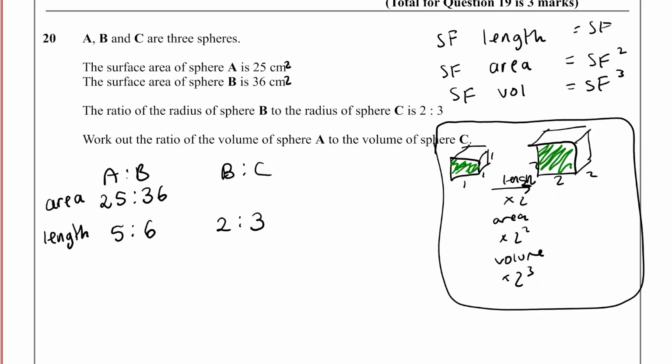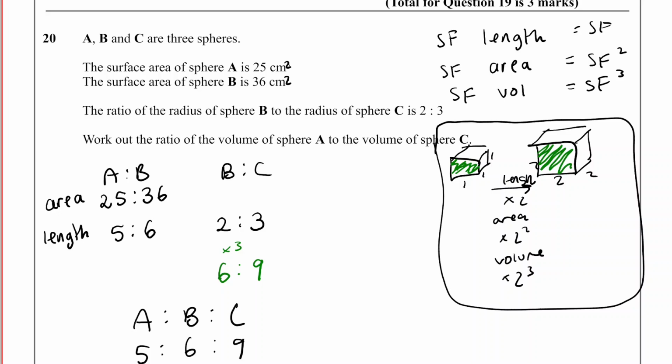So if we want A to C, we're going to have to make the B's the same, times by 3, 6 to 9. So we have, for lengths, A to B to C is 5 to 6 to 9.